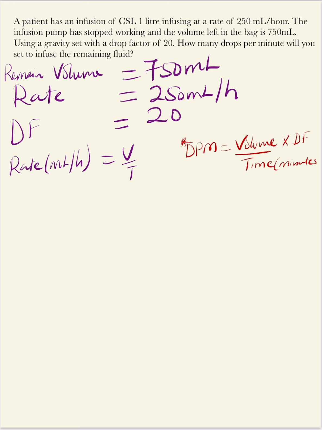So there is one way that we can use as a shortcut to get the answer for this question. What we could do is take the rate that we have over here, which is 250.